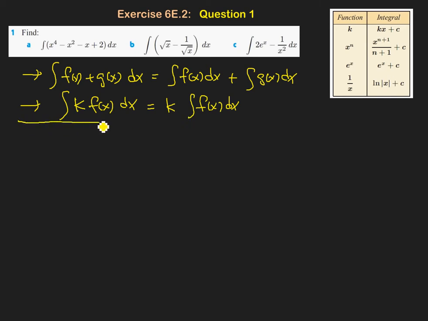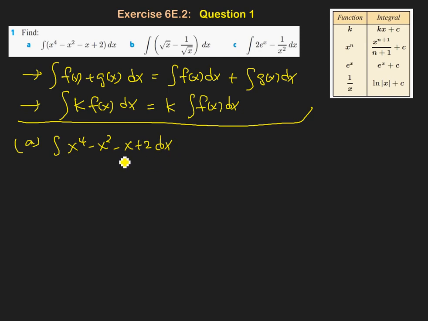Okay, now let's look at this. Say here, we can treat this function as the sum of four functions. The first function is x to the power 4, the second one x squared, the third one will be x, and the last one is a constant 2. So we write them like this.